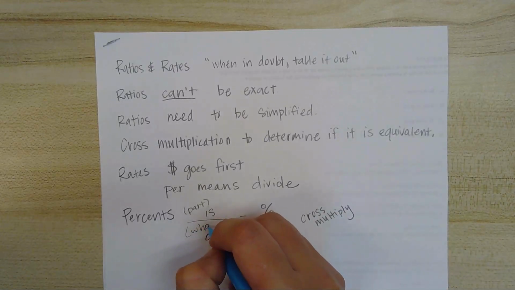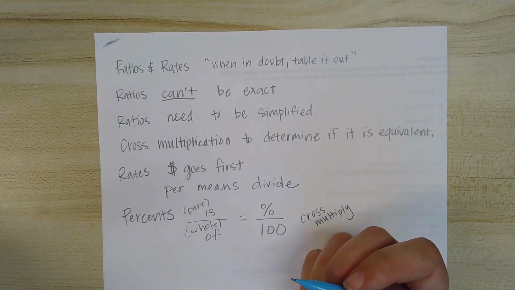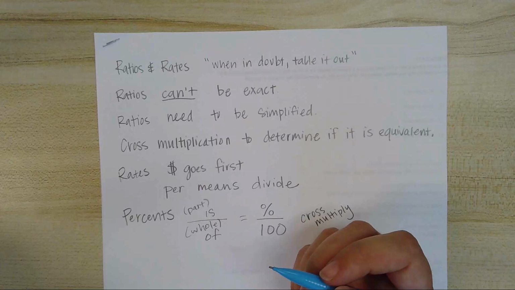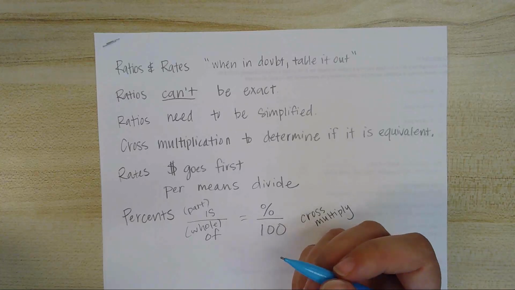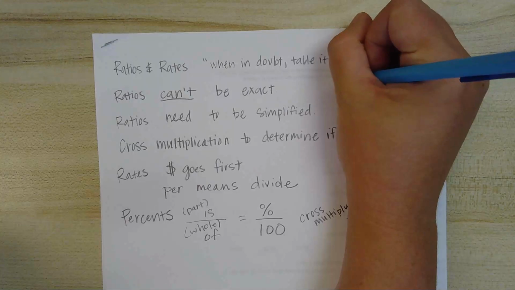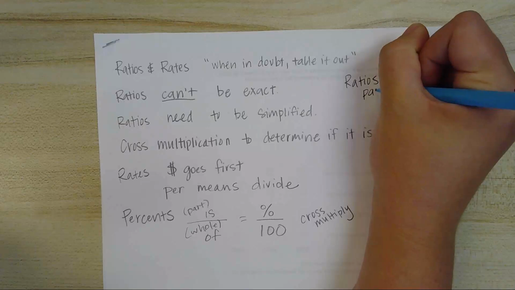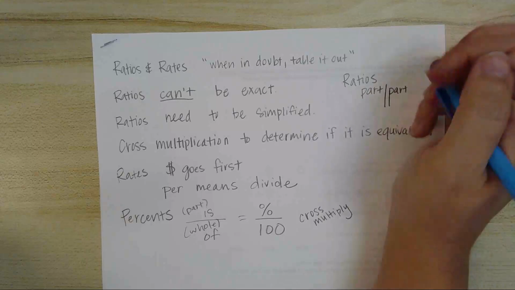And remember, with level 3 problems, we're not writing this down, but I'm just going to say it, and if you want to write it down, you can. Level 3 problems are asking for what it doesn't tell you. So remember, when in doubt, table it out. That's usually with ratios. It's asking for what it doesn't tell you, so you have to table it out. Remember, ratios have a part and whole.